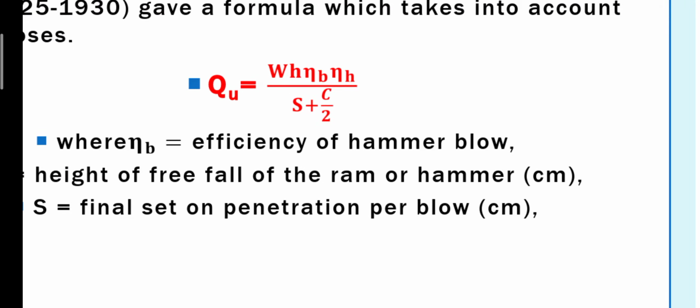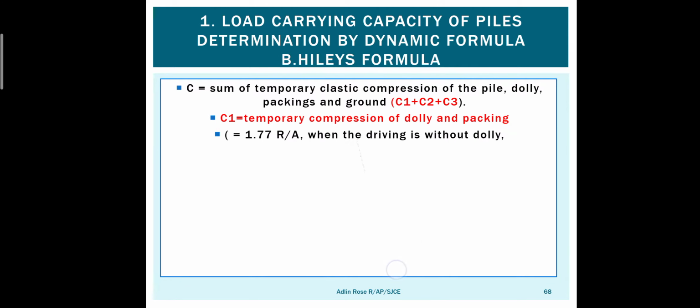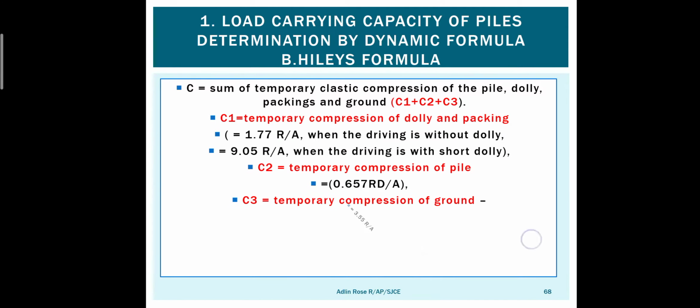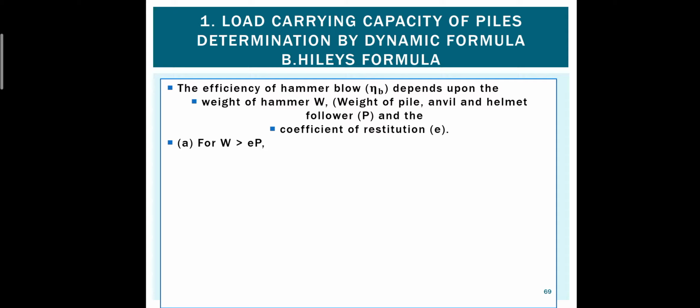Now we saw some formulas. Whenever Hiley's formula is asked, we should first of all check a value: whether the weight of the pile is greater than EP, or less than EP.